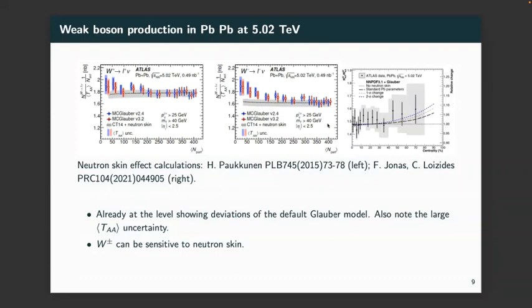And in the past few years, many people have started to consider that maybe you can use the fact that W plus and minus are sensitive to proton-neutron differences to probe the neutron skin effects. So those are their projections.